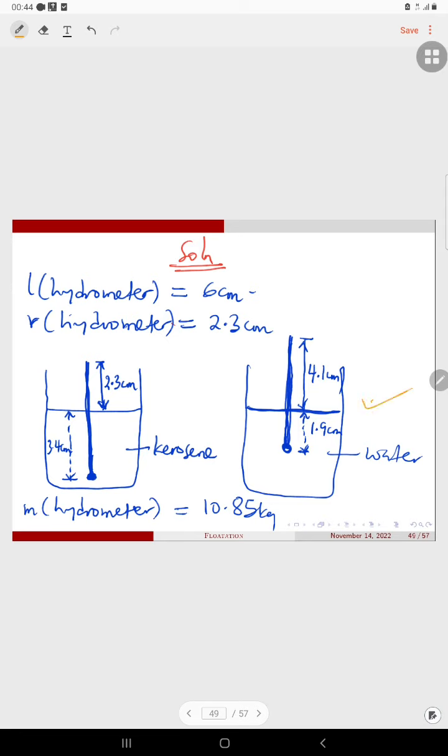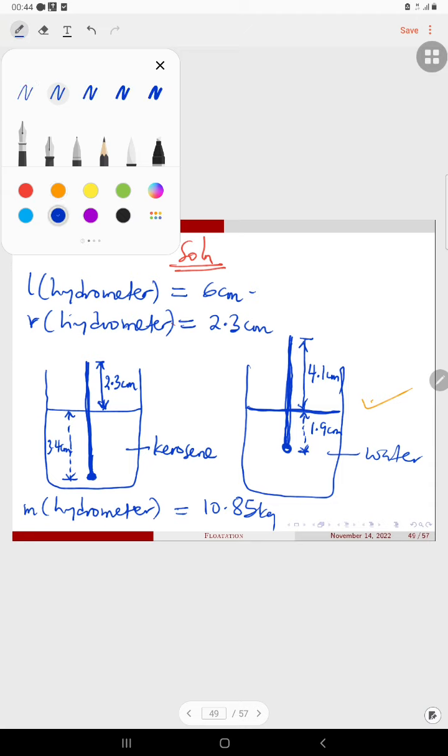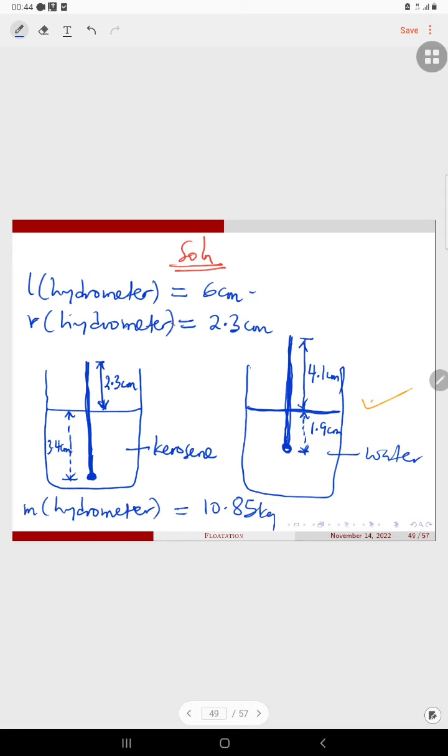Volume. Luckily for us, we know the length of the submerged part in water. It was given as 1.9. Is there any way we can get the cross-sectional area? We can, because the hydrometer has a uniform cross-section, and the shape is cylindrical.